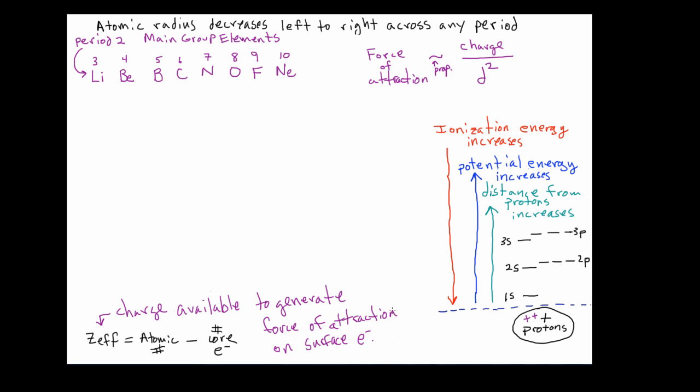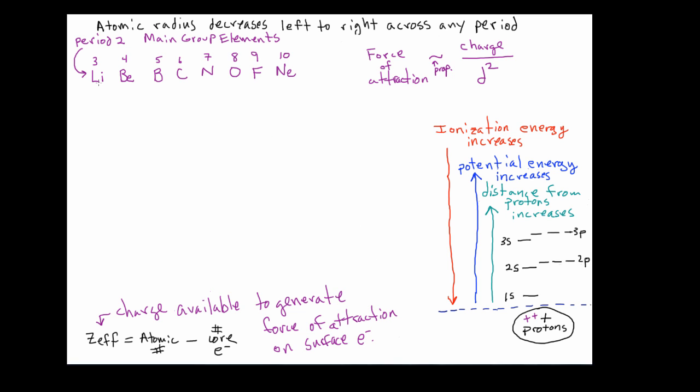That's the way to think about this. How much charge do we have available that's actually operating on the outermost electrons? Because the distance that the outermost electrons occur away from the protons is going to determine how big your element is. Right? So let's see how we figure this out.